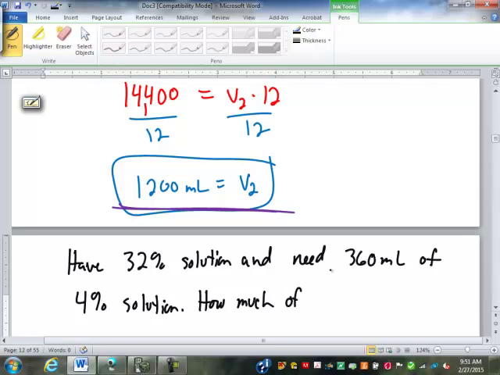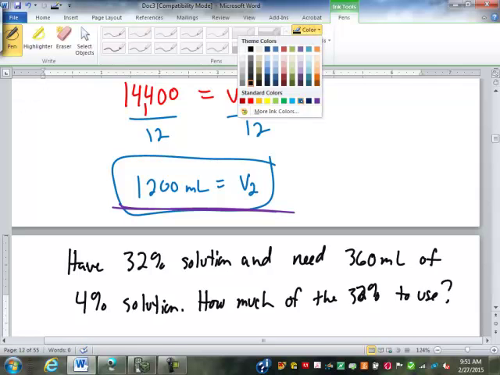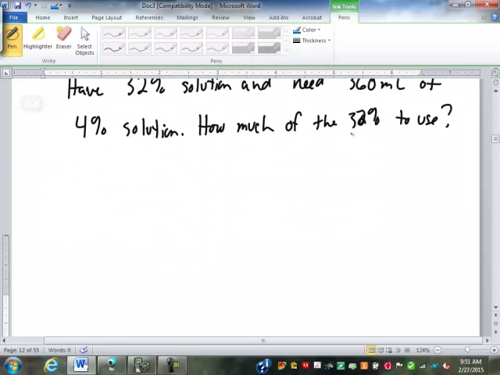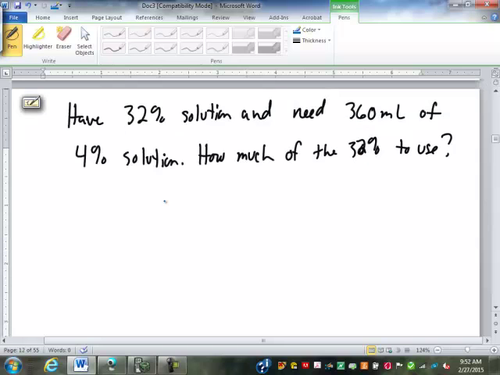How much of the 32% solution do we use? So we're going to start out with the same formula. I'm going to write out the formula and then we'll plug in numbers as we go. So volume 1 times concentration 1 equals volume 2 times concentration 2.